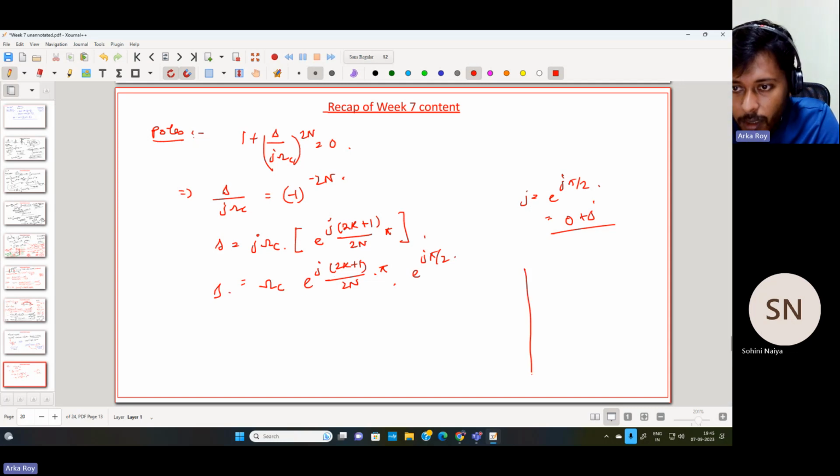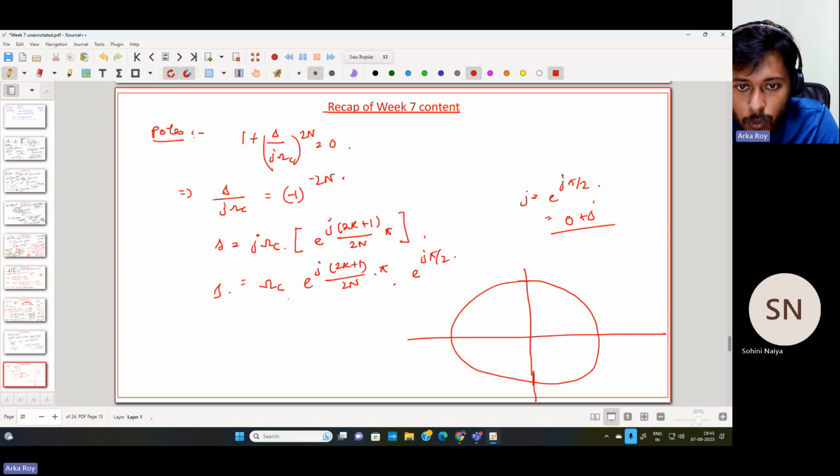So in the S plane, if I start constructing the pole locations, this will be a circle, basically in the form of r e to the power j theta. So this r is the radius, and this radius is sigma c.